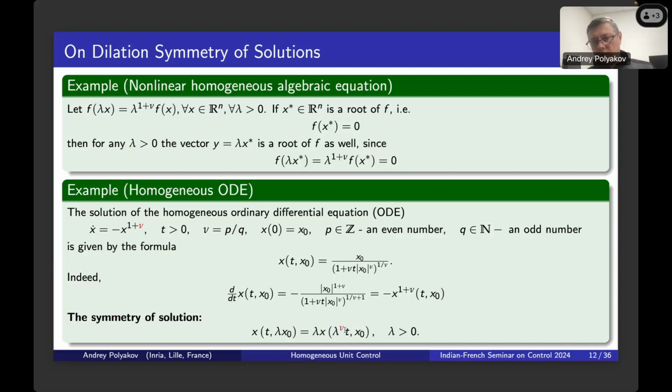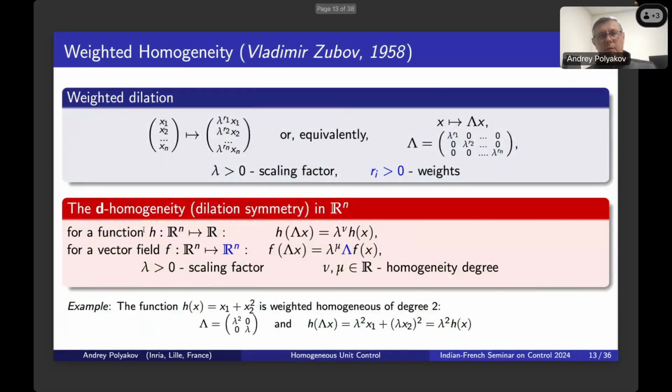The rule of how this time will be scaled is defined by this parameter nu, which is obtained from the homogeneity degree.